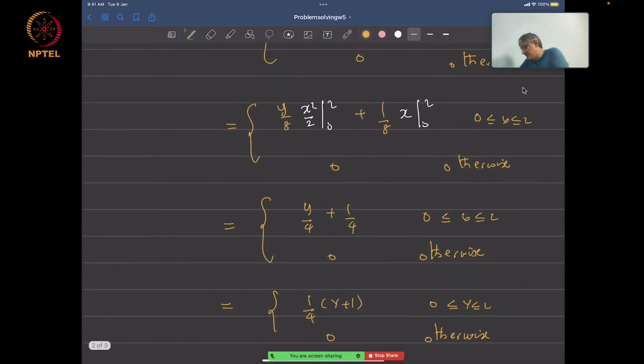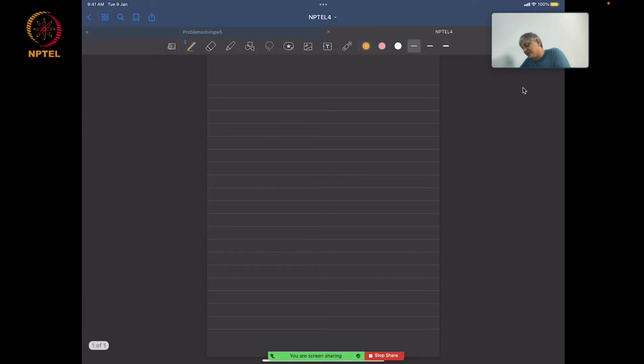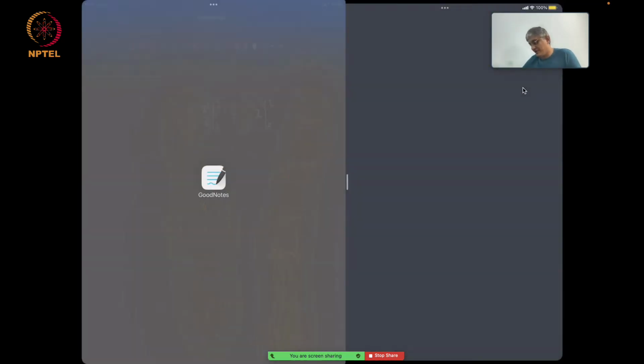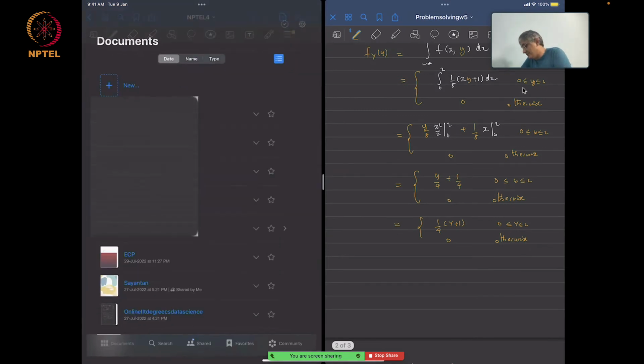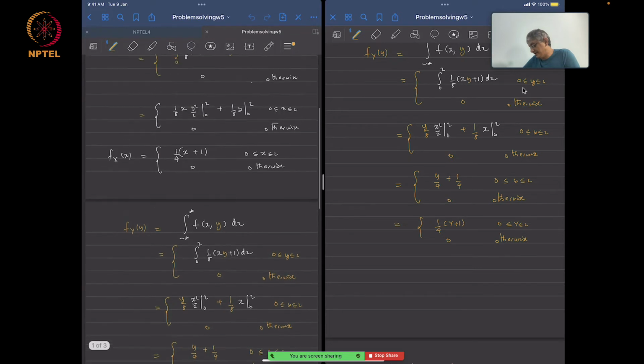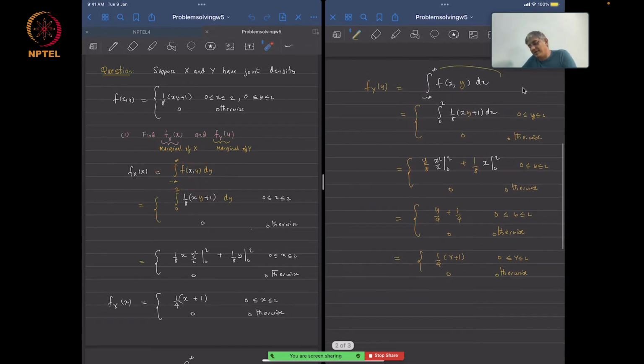So let's do a quick calculation and show you an interesting feature: we could have guessed this directly. What did we do? We found the density of x by integrating out the y variable, and the density of y by integrating out the x variable.